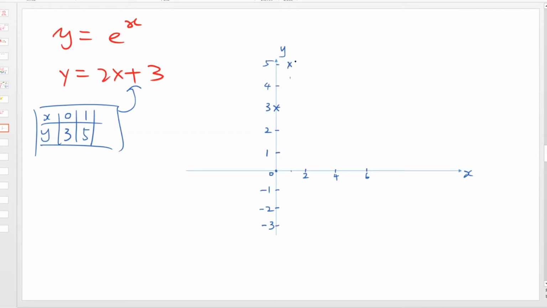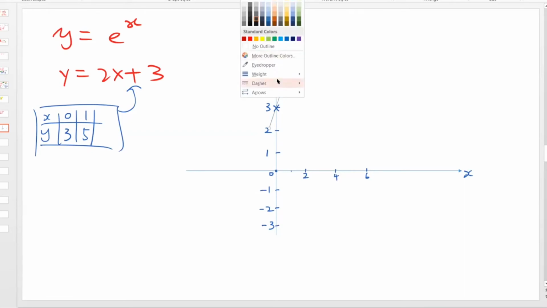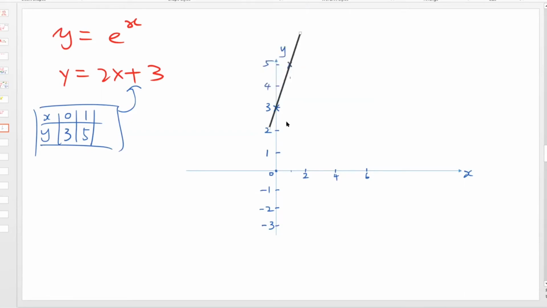Once you get 2 points already, you can just link it up. Should be good enough. Of course you can extend it.